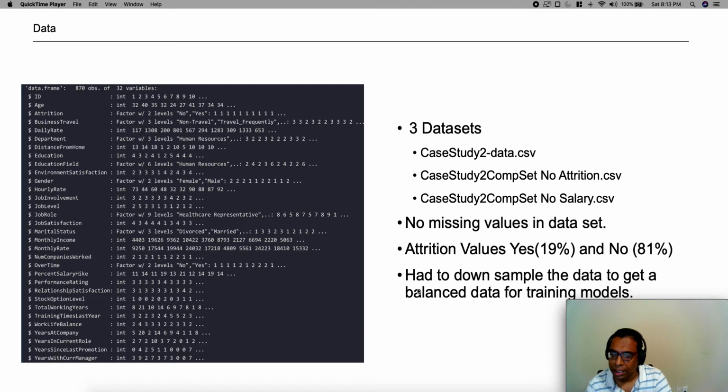The main data set didn't have any missing values. And one thing I noticed in the data is that the attrition values with yes was 19% and no with 81%. So we had to downsample the data to get a balanced data for training models.